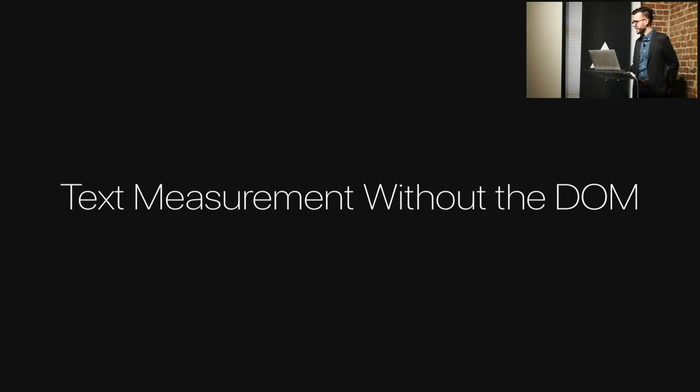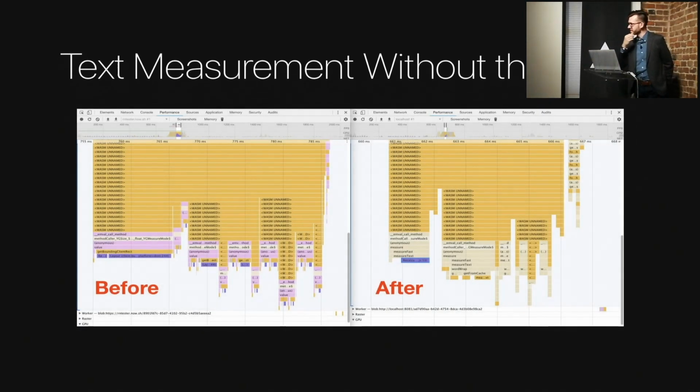So I've started work with that. It's sort of a partial, there's a fast path, but some of the results are interesting. It's a little hard to see because it's so small, but basically in the before you see a lot of purple at the bottom. That's layout, and now there's no more purple, so it's not touching the DOM, and it is faster.